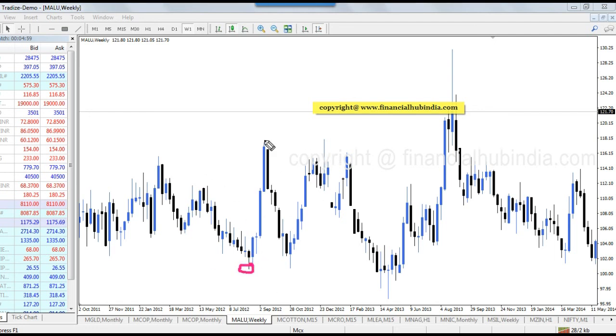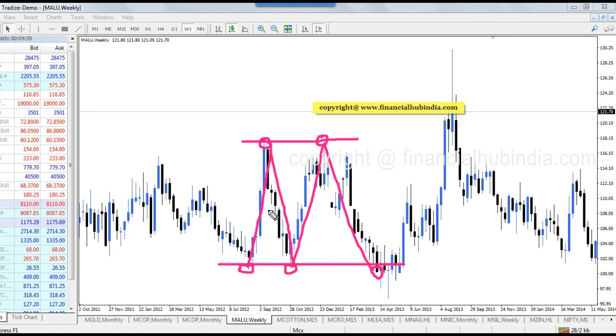From here, price goes up to here. 1. Again, from this point, price again comes back to the same area. 2, 3. Again coming down to the same area. 4. So what's happening? It's a flat market condition, right? So the flat market is going on. That's it.